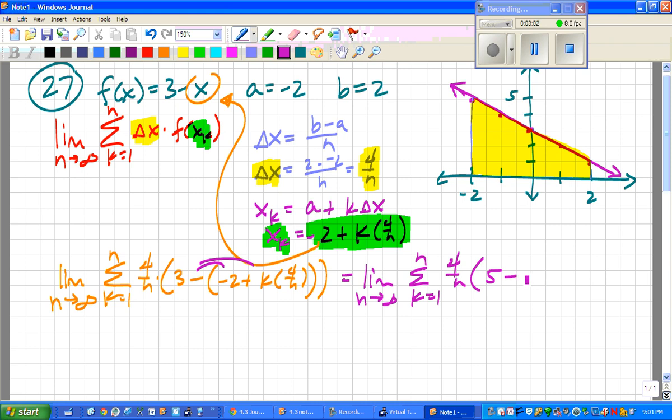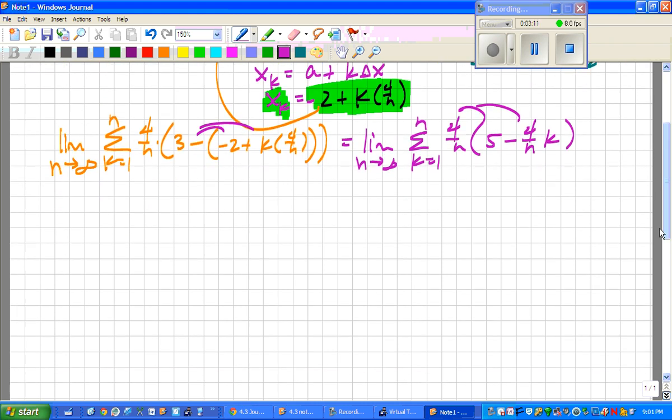We have minus 4 over n k. Now we can distribute that 4 over n. So we have limit as n approaches infinity of the sum from k equals 1 to n of, we distribute that, we get 20 over n minus 16 over n squared times k.